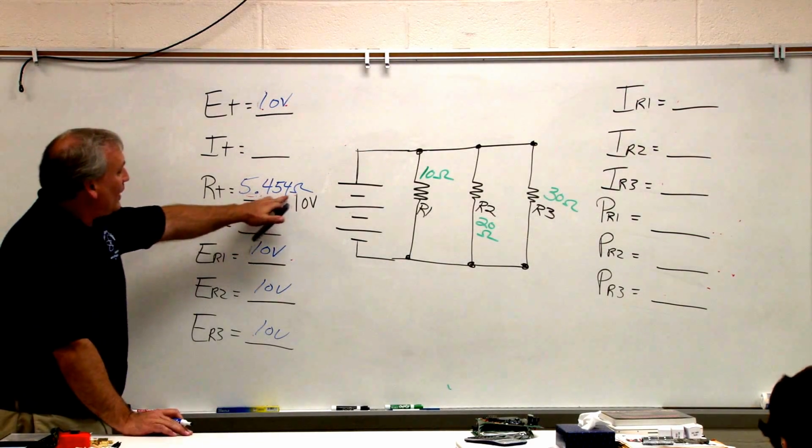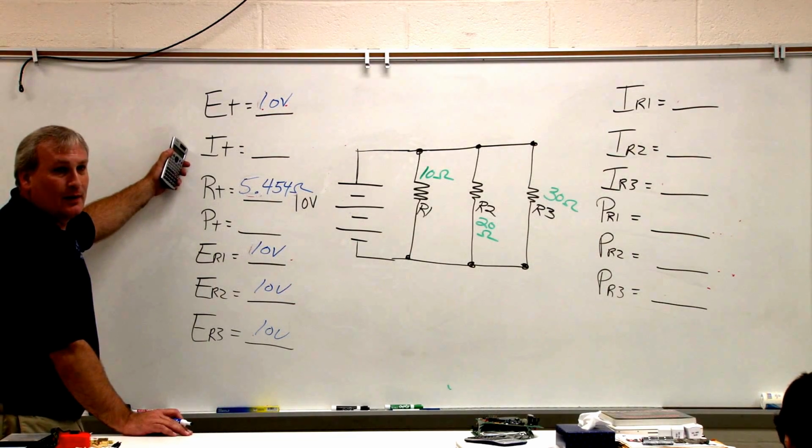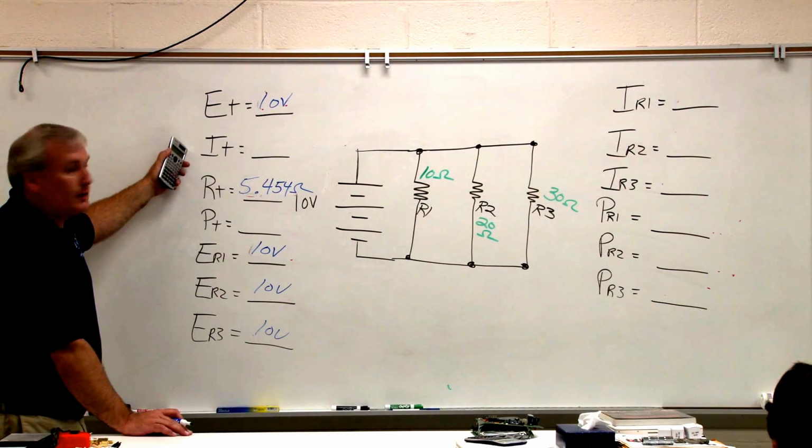Okay, 5.454 ohms is our R total. How am I going to come up with I total? David? Coming up with I total, it's E divided by R. Very good.